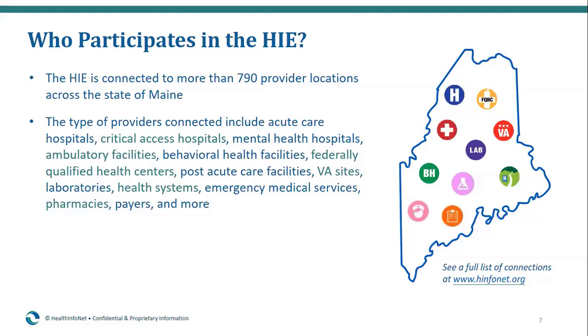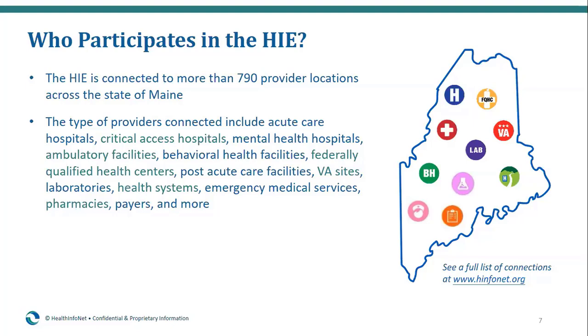So who participates with the HIE? Well, we have more than 790 provider locations throughout the state of Maine. That includes the 35 hospitals. A lot of people don't know that number, and every single hospital is connected.